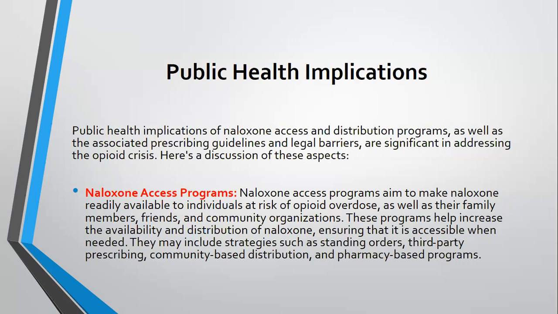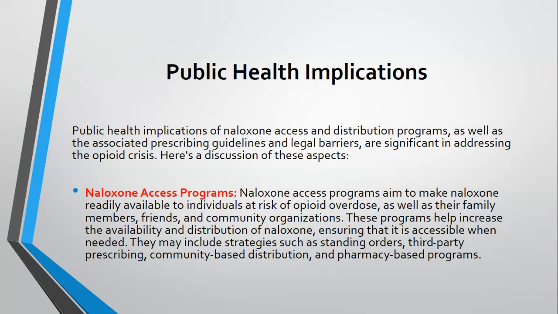Naloxone access program. In previous years, naloxone was not easily accessible to its patients, and a complete prescription of a registered medical doctor was required to give naloxone to a person.